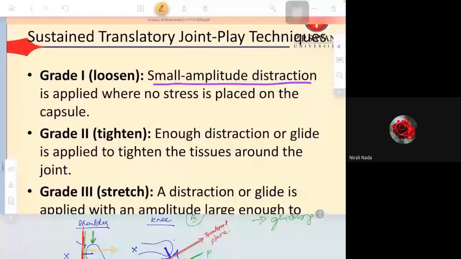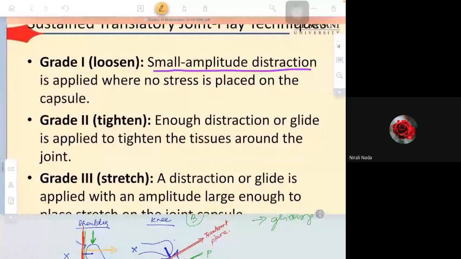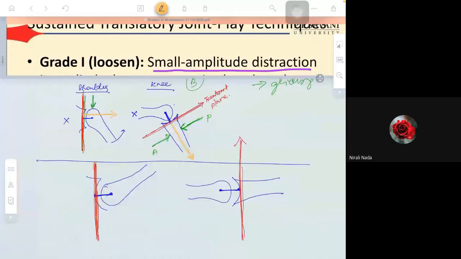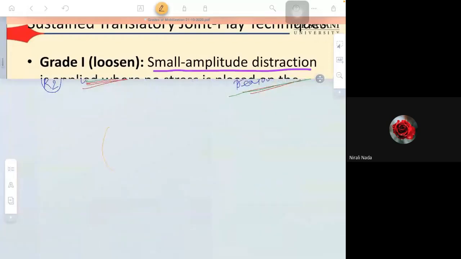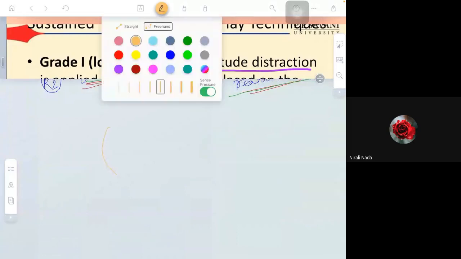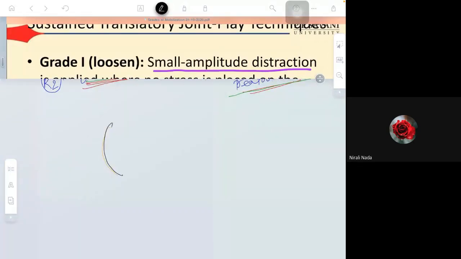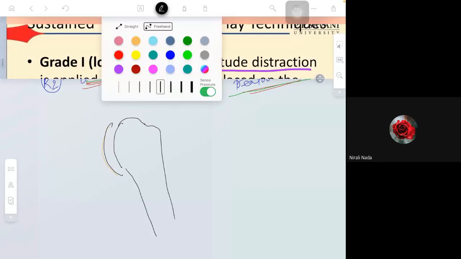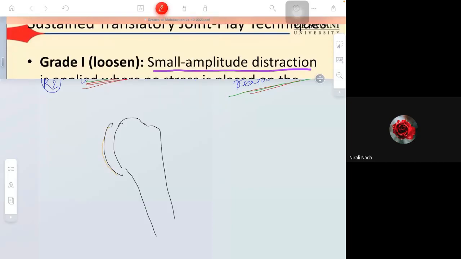Now you listen. Small amplitude distraction. Distraction means you will apply perpendicular to the treatment plane. Small amplitude distraction is applied where no stress is placed on the capsule. Imagine this is the glenoid cavity, this is the humerus, this is the joint capsule.